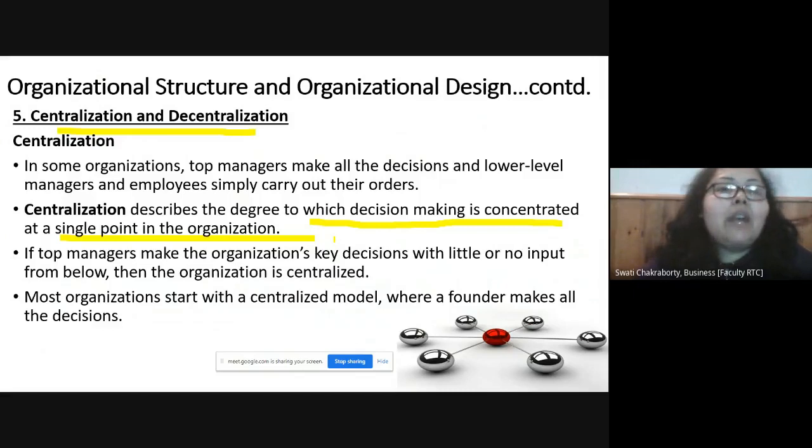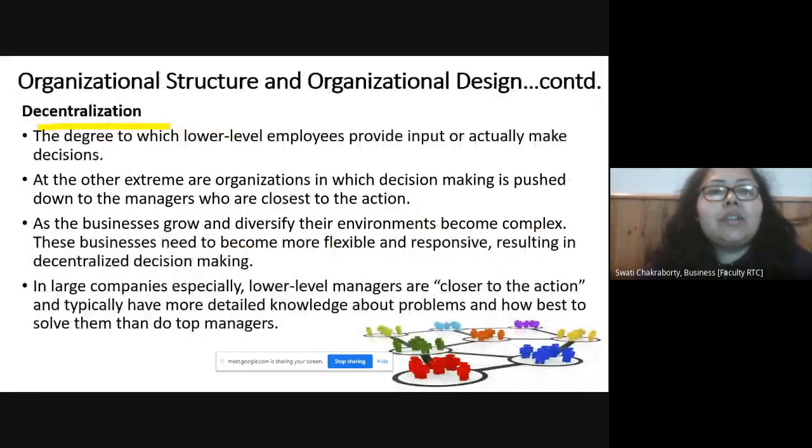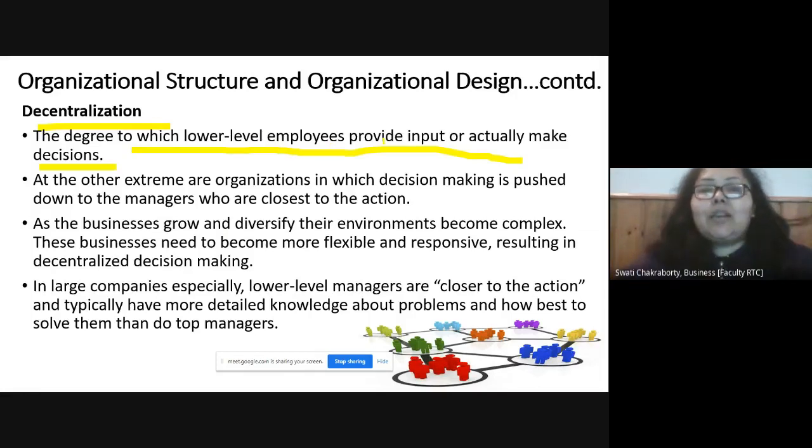On the other hand, decentralization is where lower level employees can provide their inputs in making decisions. So work is decentralized. When a decision is made, it is based on the inputs provided by the employees. Of course the top bosses make the final decision, but based on an open discussion amongst the employees and some consensus.